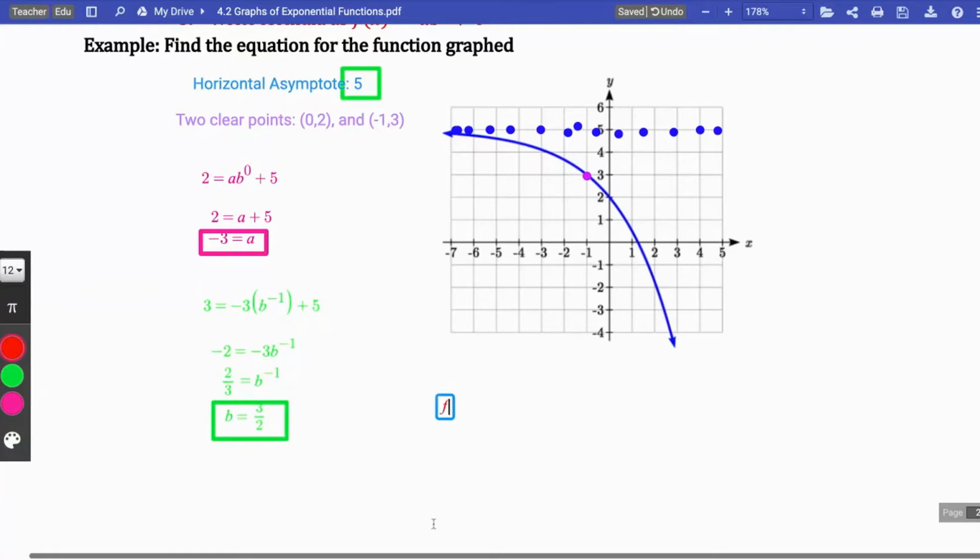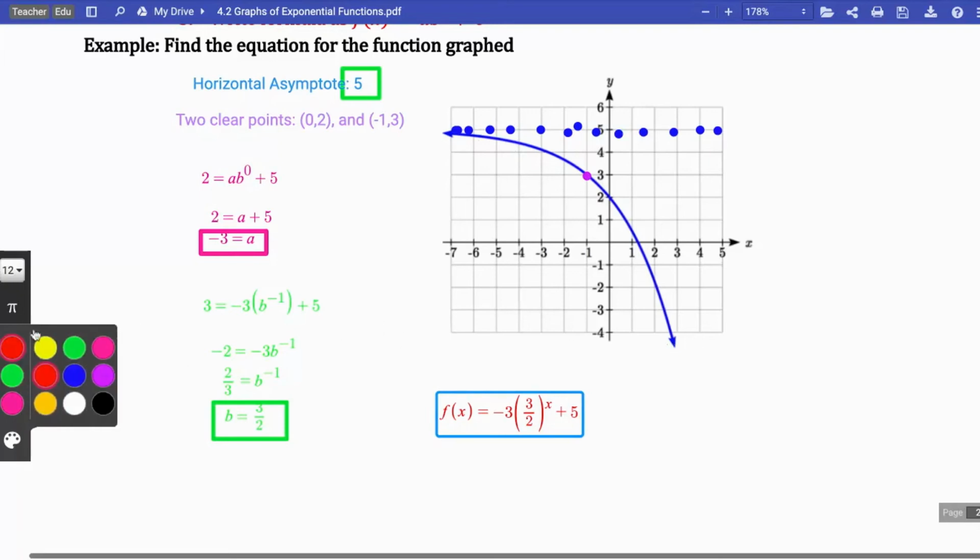So my final equation is f of x equals a, which is negative 3, times b, which is 3/2, to the x, can't forget that, plus 5. And that makes sense. This graph has been shifted. It's obviously been reflected, and we can see that it's getting wider. It increases from left to right. So that is your final answer.